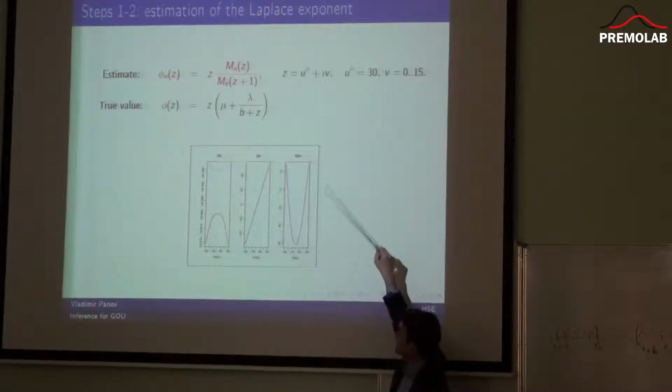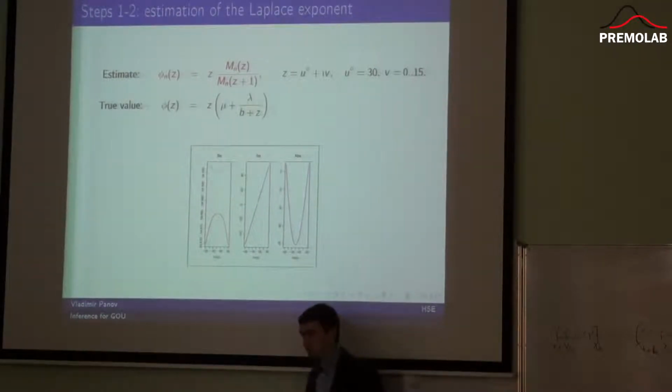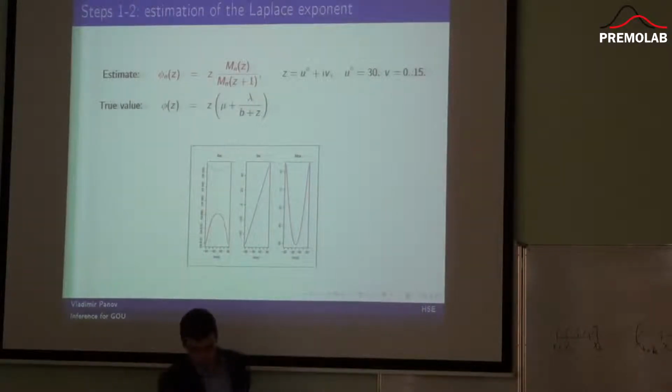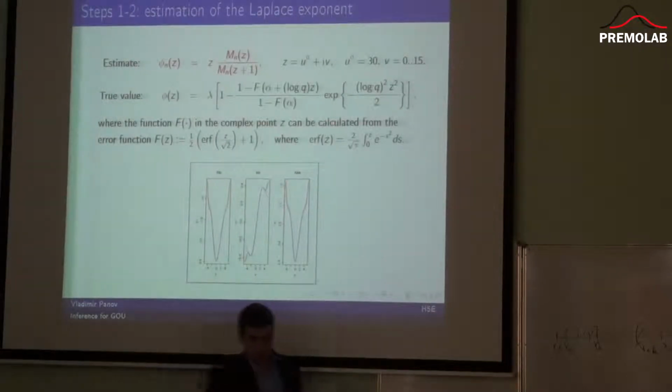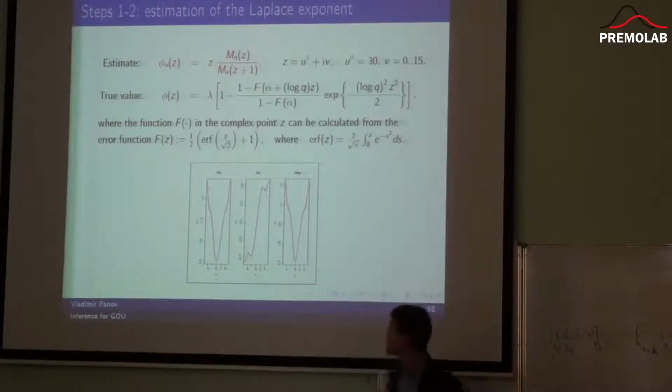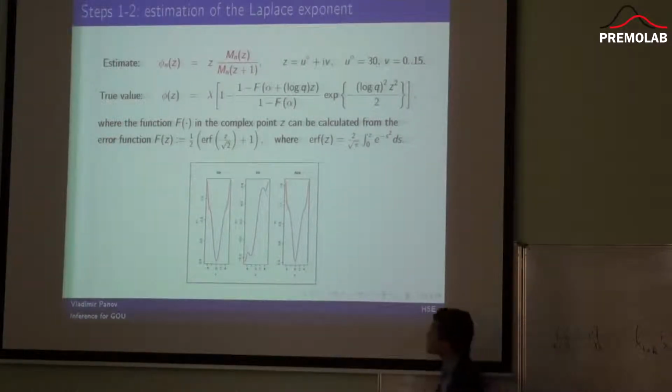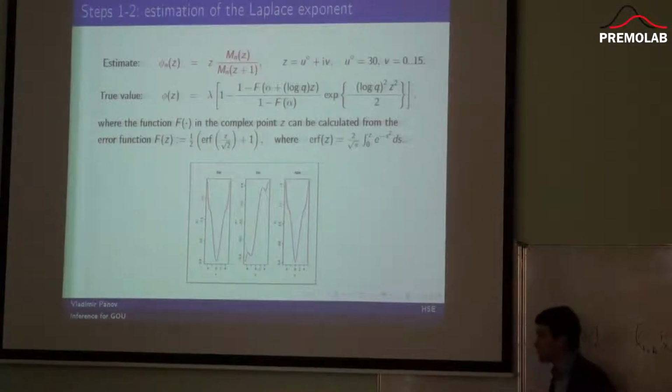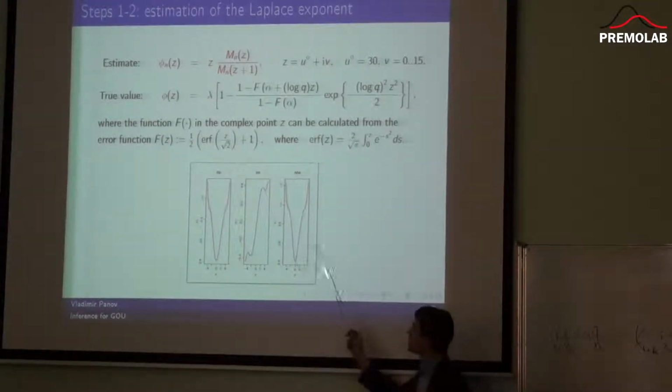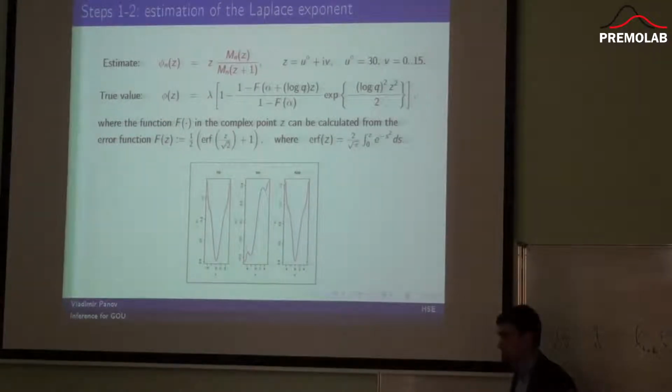And if you take absolute values, it is also almost perfectly estimated. For our second example, the situation is also very good. The pictures differ from the previous case, but the overall result is exactly the same. The absolute values of our estimators are very close to the absolute values of the true value.